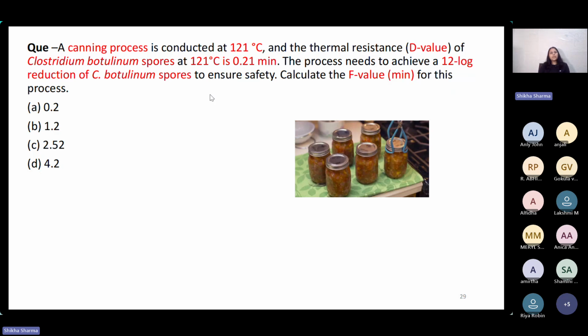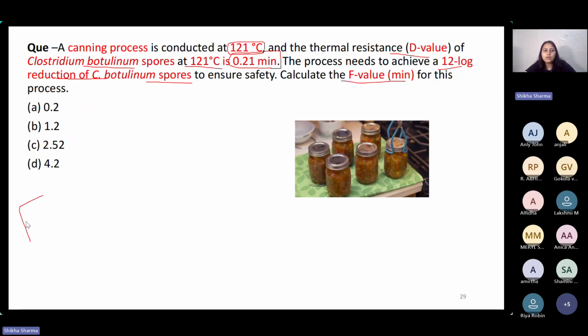So a canning process is conducted, basically canning is conducted for sterilization, at 121 degrees Celsius, and the thermal resistance, which is the D value of the Clostridium botulinum spores at 121 degrees Celsius, is given as 0.21 minutes. The process needs to achieve 12 log reduction of C. botulinum spores to ensure safety. So calculate the F value for this process.